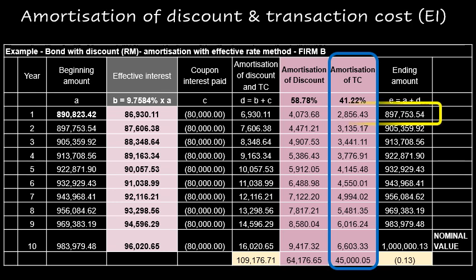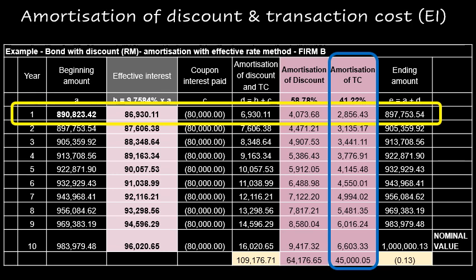So the total interest expense from the effective interest rate amounted to 86,930 ringgit and 11 cent, and when deducting the coupon payment from it gives us a balance of 6,930 ringgit and 11 cent.